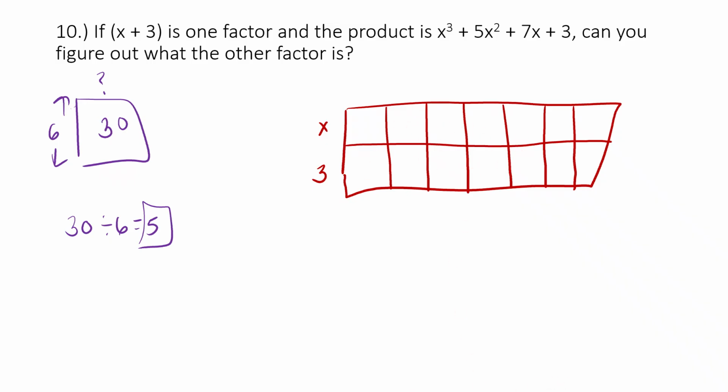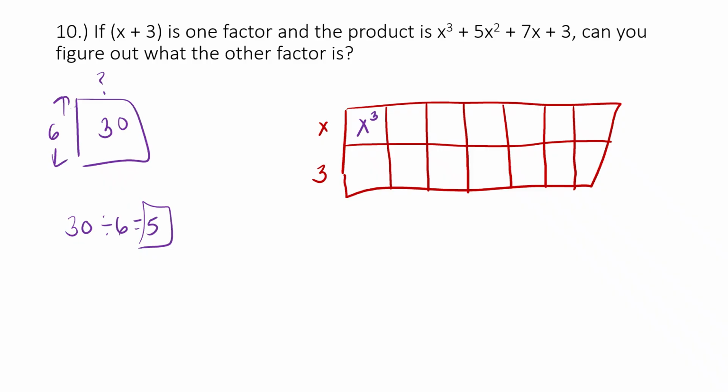But what we can be pretty sure of is that this right here would be the x to the third, because in all of the ones that we've done, the highest exponent was by itself, and it was sitting up in that upper left corner. So that's probably the x to the third. Now, from there, we can figure this out because we know that the x times whatever is here should give us whatever's in that box.